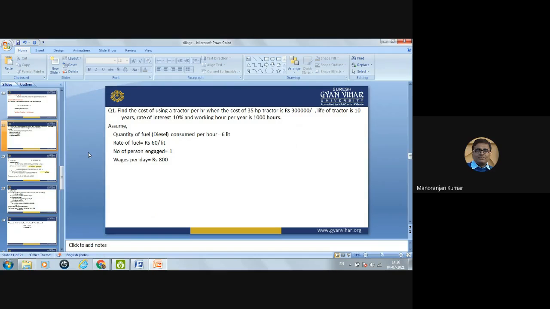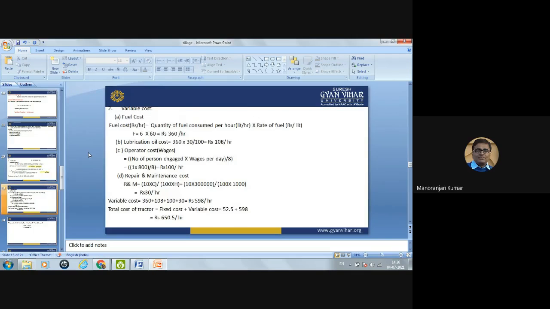So for operator cost, how many persons are engaged? One person. And what is the wage of that person per day? That is 800. You have to divide by 8, because in one day the person will work only 8 hours. After calculation you will get 100 rupees per hour. This is the operator cost. Now in the last, that is the repair and maintenance cost.